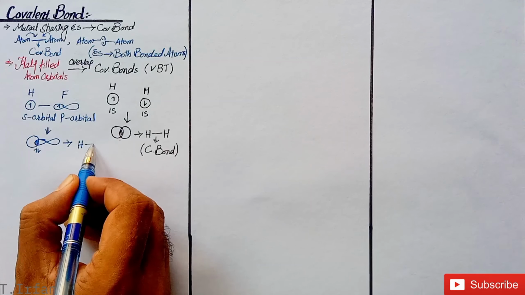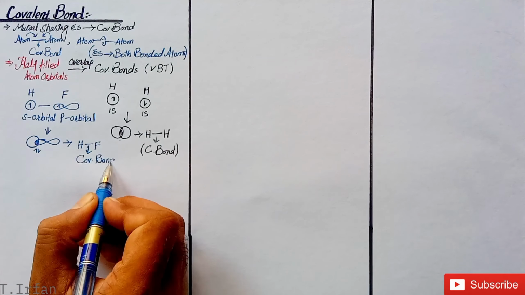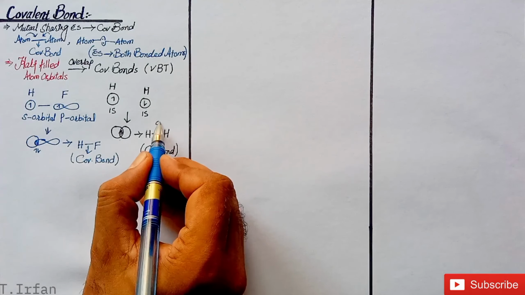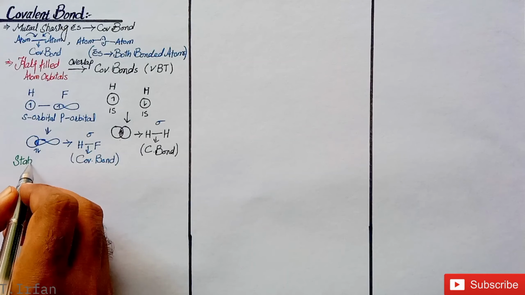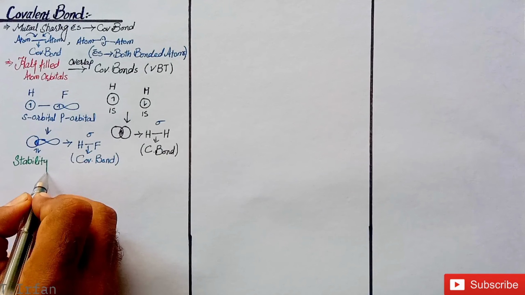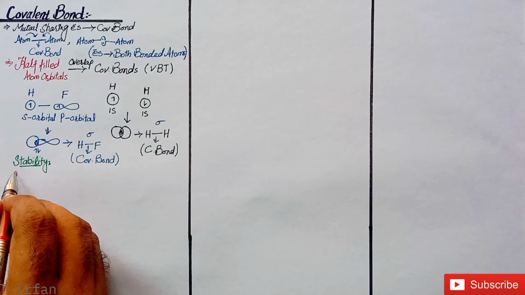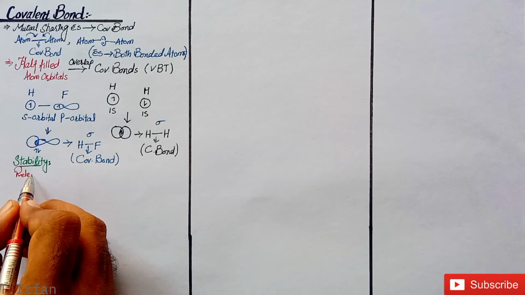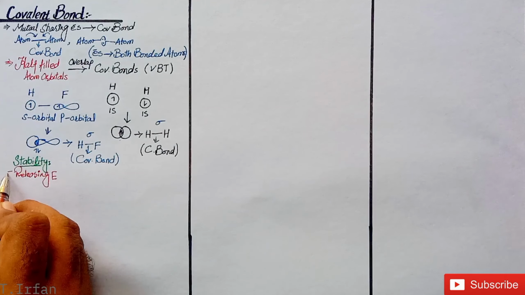So in this way half-filled atomic orbitals of other atoms overlap and form covalent bond. Here this covalent bond is the sigma bond. After overlapping or forming covalent bond, atoms gain stability by releasing energy and by gaining electronic configuration like noble gases.